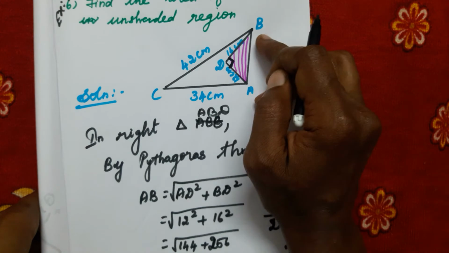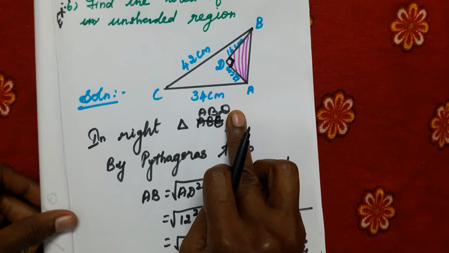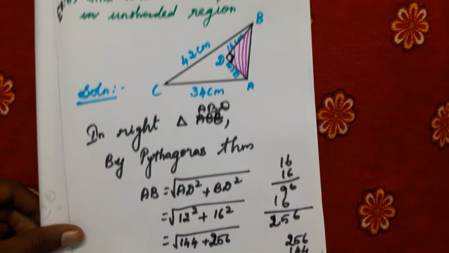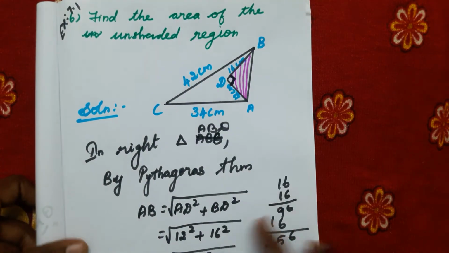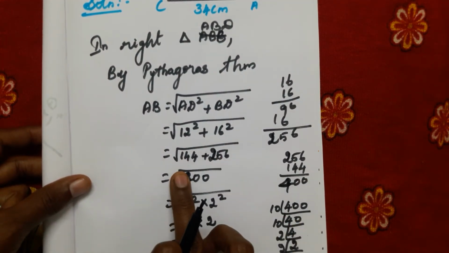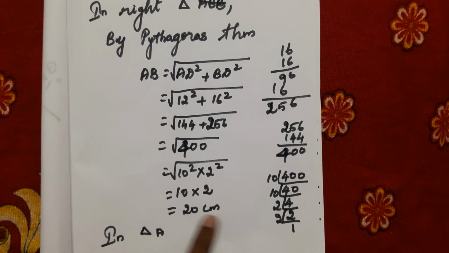So in right triangle ABD, by Pythagoras theorem, AB is equal to root of AD square plus BD square, which is 12 square plus 16 square, equal to root of 144 plus 256, equal to root of 400, equal to root of 10 square into 2 square, equal to 10 into 2, equal to 20 centimeter.